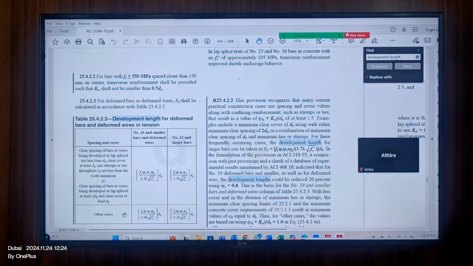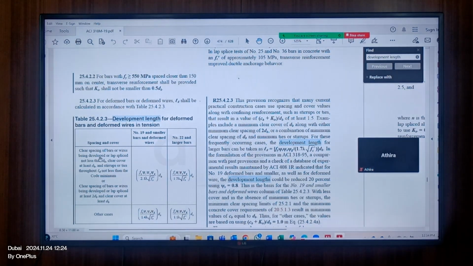There are two sets of equations for development length. This is not for hook bars. This is for straight development length. For hook bars, there is a separate calculation, a separate equation. This is for straight bars. But where it is a hook, it is mentioned directly as hook. There are two kinds of clauses there.